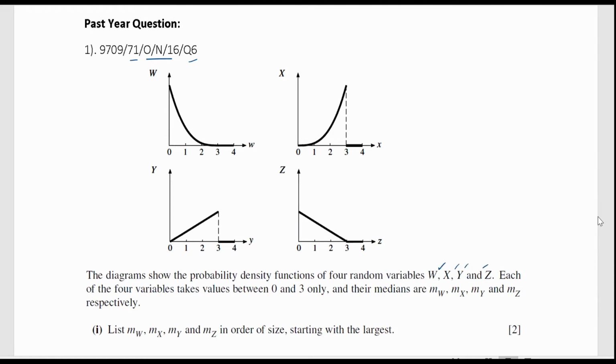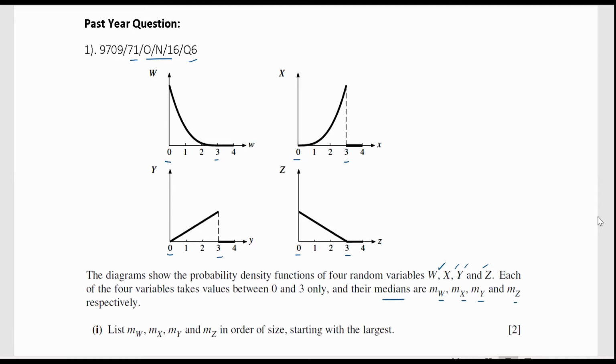Each of the 4 variables takes values between 0 and 3, right? And their medians are given as small letter m for median of w and x, y, and z accordingly.